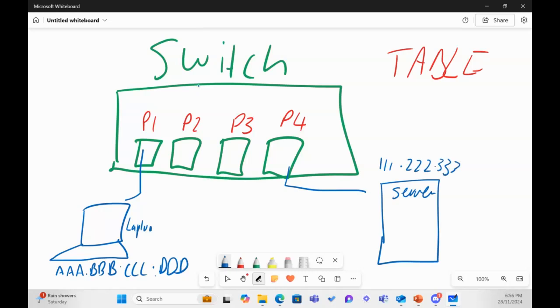By the way, if these were the MAC addresses on the network, these would be legitimate. These would work. So 111, 222, 333, 444.